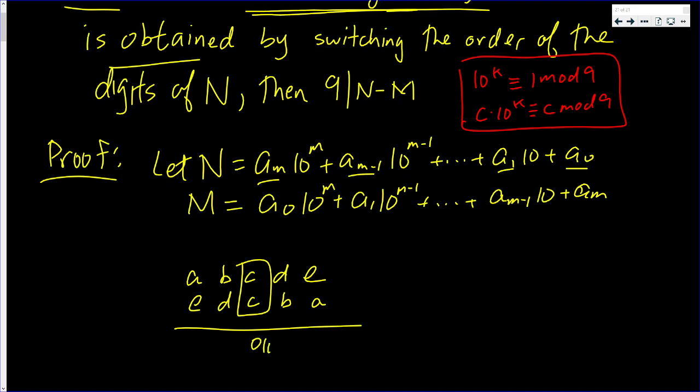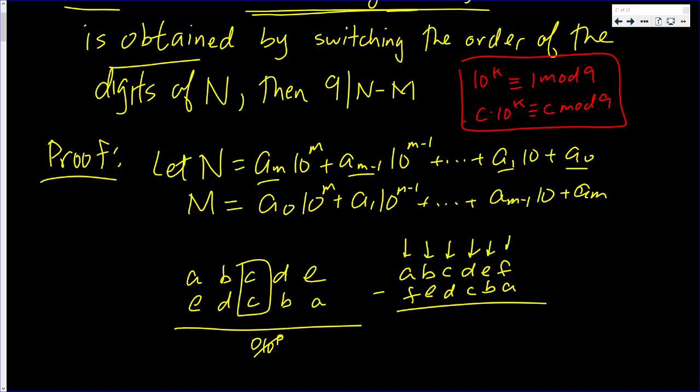It'll be 0 times 10 to some power, so it's not going to really remain. If you have an even number of digits, A, B, C, D, E, F, and you write it in reverse order, there's no column in which there's the same digit.